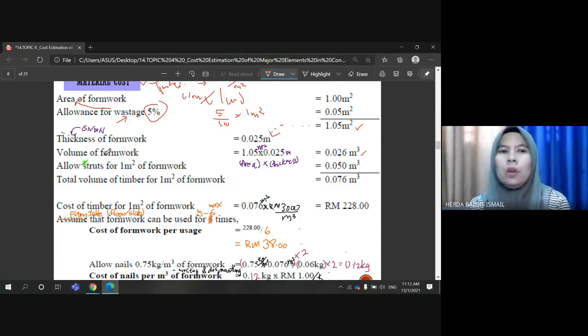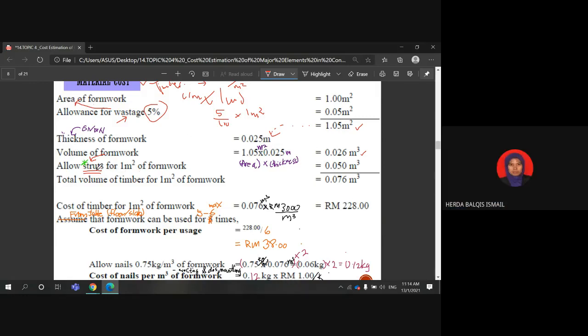Okay. So the next element that needs to be considered is the strut. For floor or slab, the constant for the strut for every square meter of area of the formwork is 0.05 cubic meter.